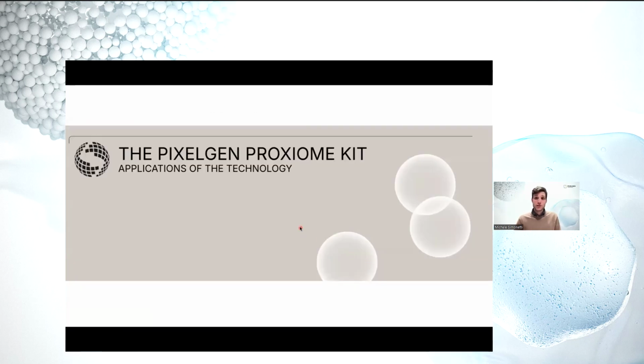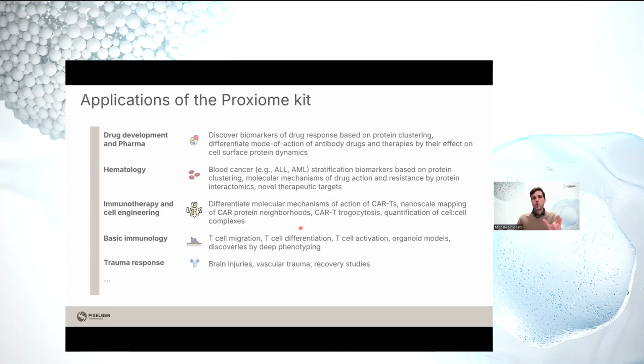What are the applications of the technology? So I'm not going to go into each of the applications. This is going to be more an overview of the different applications where the Proxium kit has been applied. So we applied it in drug development and pharma to discover biomarkers of drug response based on protein clustering.